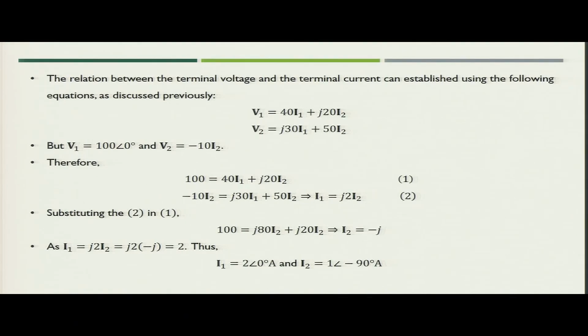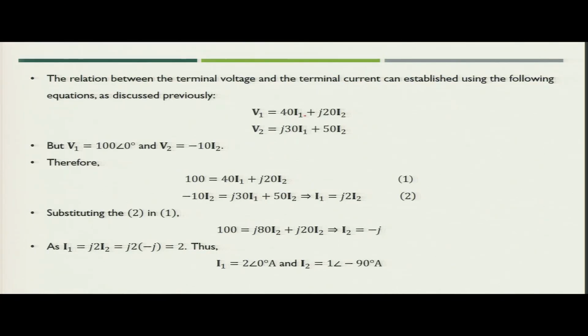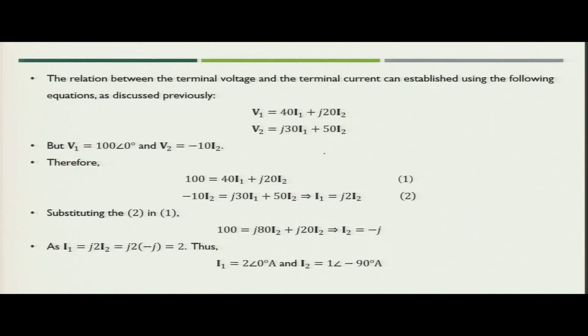Now, let us write the circuit parameter equations, that is the Z parameter equations. V1 we can write as Z11 into I1 plus Z12, which is j20, into I2. Similarly, V2 is j30 I1 plus 50 I2.